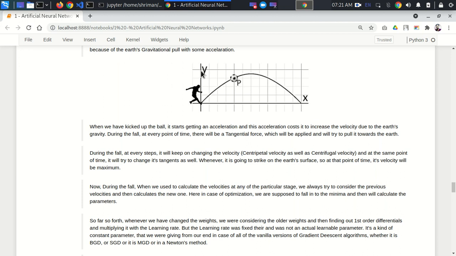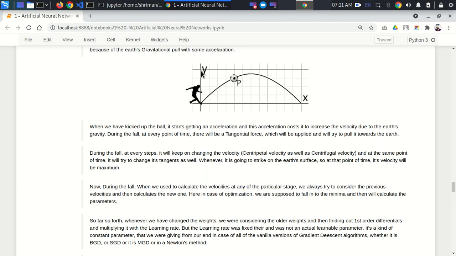So at every step it will keep on changing the velocity, centripetal as well as centrifugal, and at the same time it will change its tangents as well. At each and every point its tangent changes, and whenever it strikes the earth's surface, its velocity will be maximum.